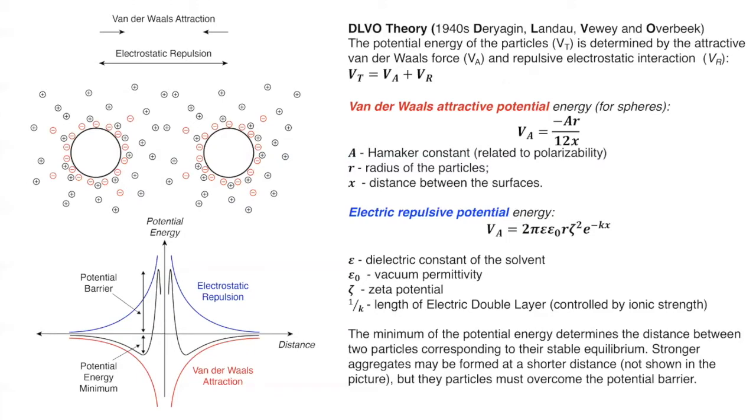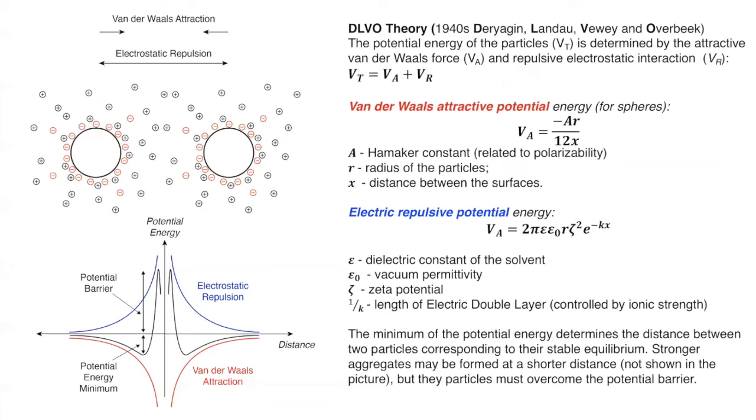Okay, and so the van der Waals force can be approximated this way. Van der Waals forces are more complicated than this, but they boil down to this type of an arrangement here, where A is the Hamaker constant, and the Hamaker constant is sort of a fundamental property of a material, and it defines how attracted two particles can be to one another, and it's very related to polarizability.